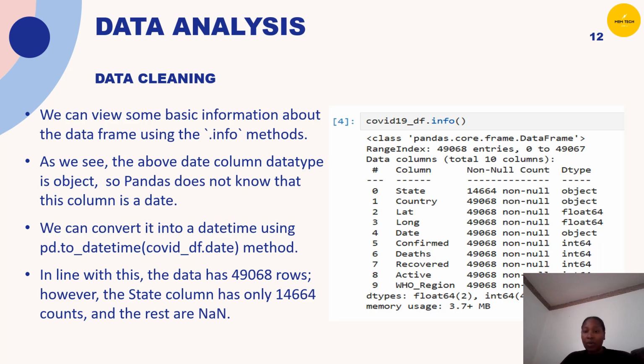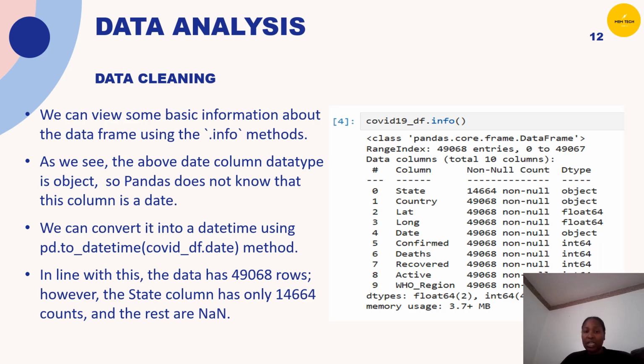But you see the date column should not be object, because Pandas doesn't know whether this column is a date, since it says object. So we can convert it into datetime using the pd.to_datetime method.